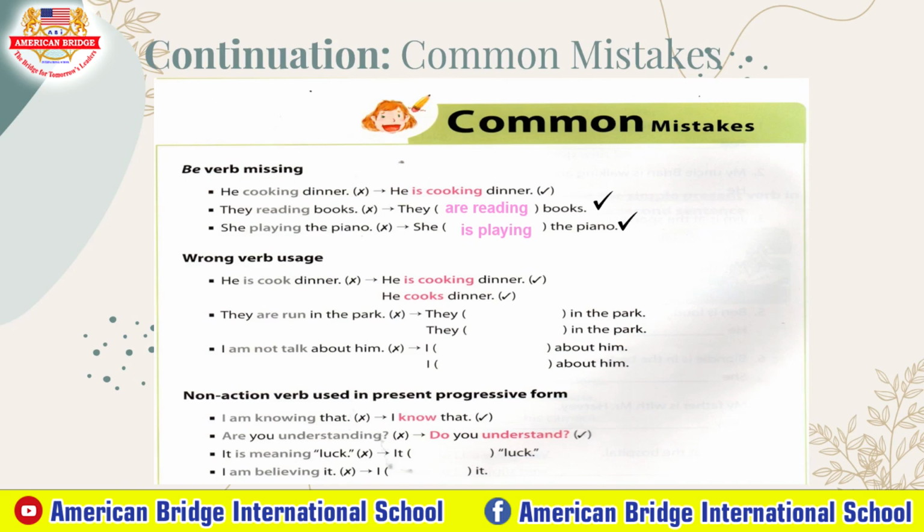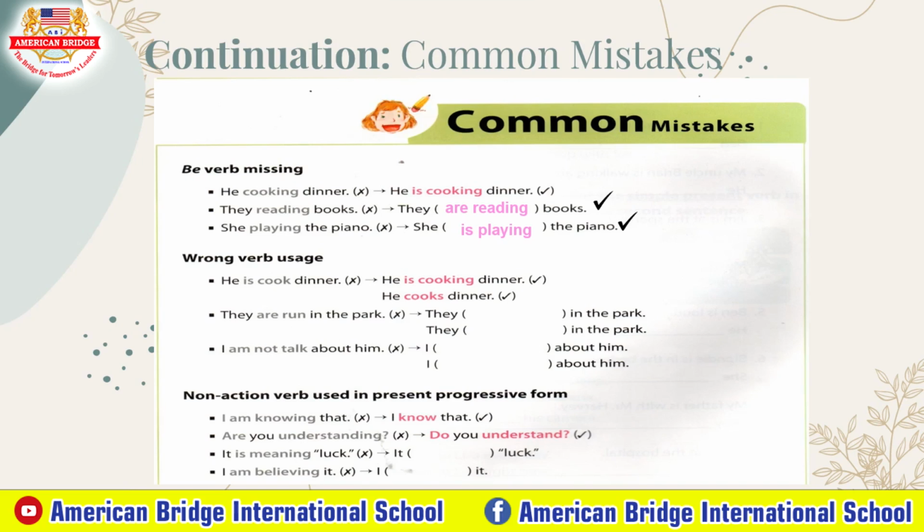So therefore, this one is obviously incorrect. Now, here are the correct answers. We have two. First, he is cooking dinner. So this one is correct. Another one is he cooks dinner. So this one is also correct.